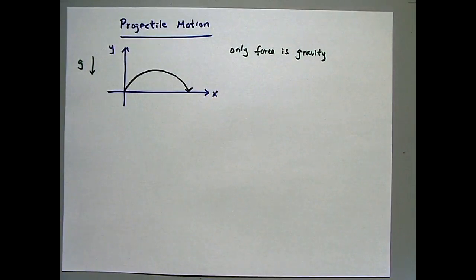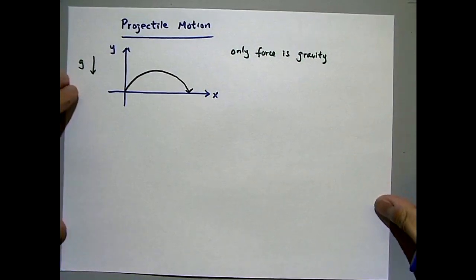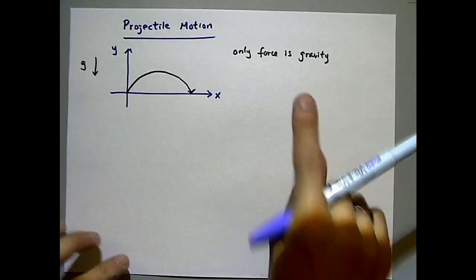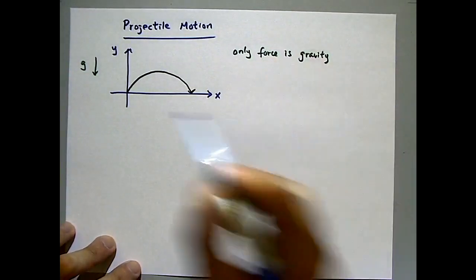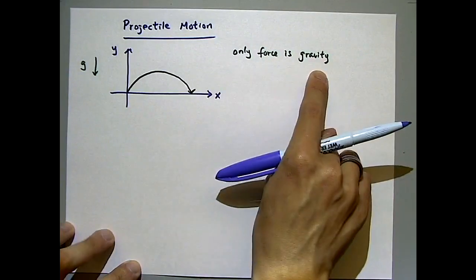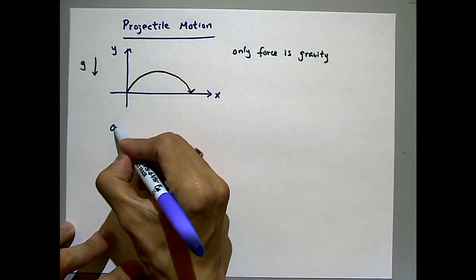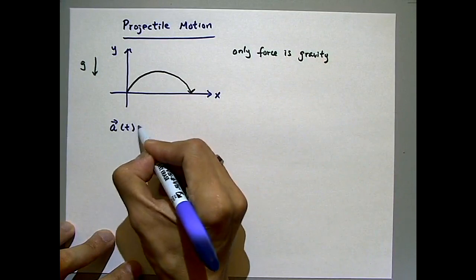You probably know from physics that the x and y components are independent. They don't affect each other. And we're going to see the equations telling us exactly the same thing. Looking at this right here, if the only force is gravity, that means the only acceleration is gravity.